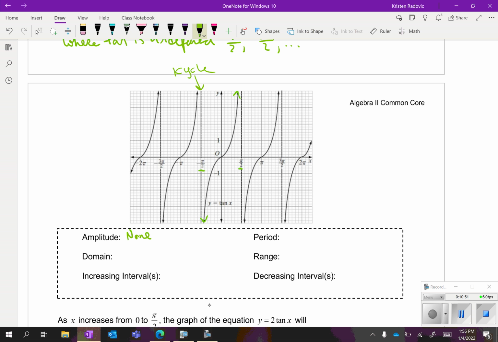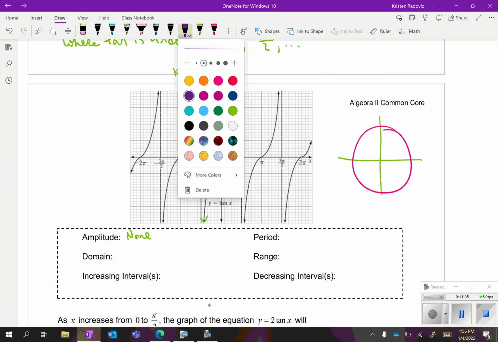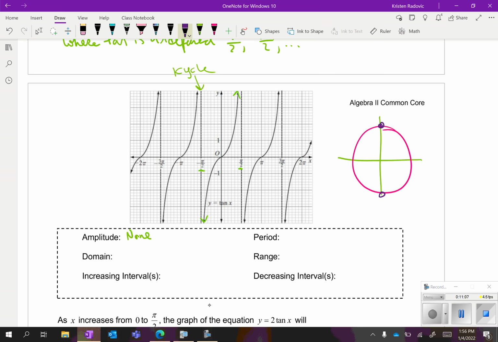And if you were to think about it back on the unit circle, tangent is undefined up top and on the bottom. So this distance between two asymptotes, because remember there's an asymptote up top and on the bottom because that's where it's undefined, that distance is half of a circle.